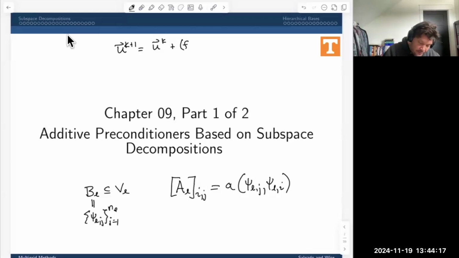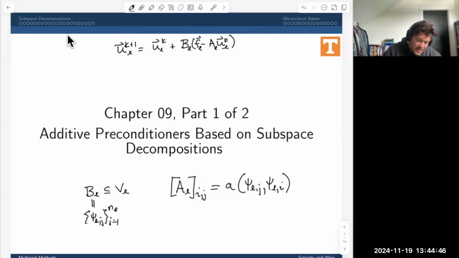So it's F minus A times, I forgot my B matrix. Don't want to forget the B matrix. U^k. We can put L's here, I guess. Everybody gets an L.